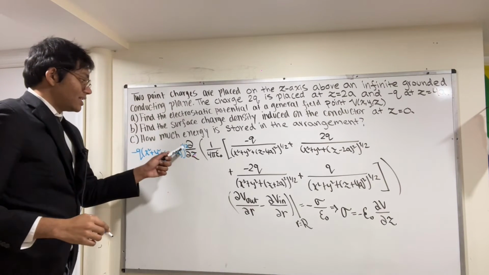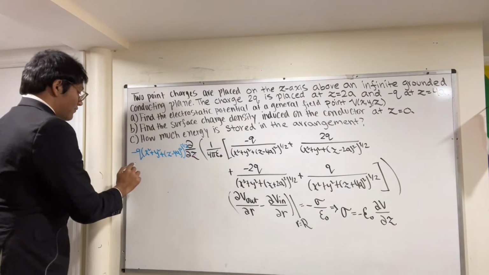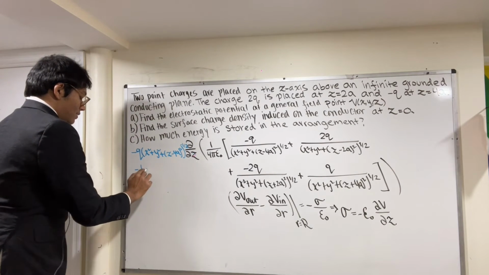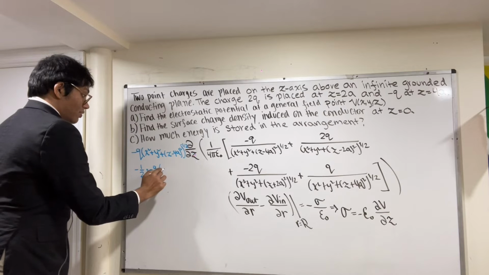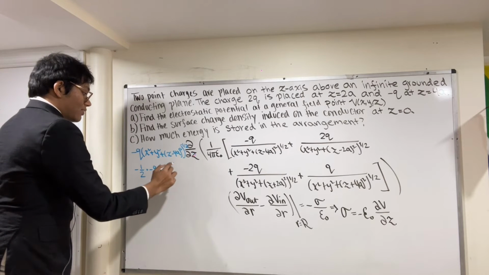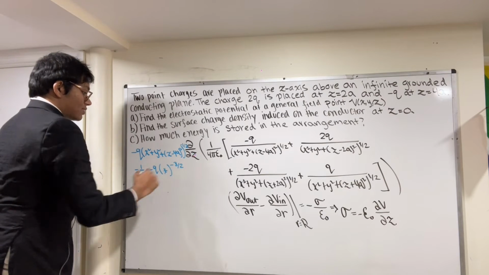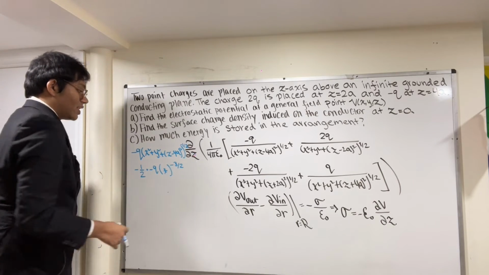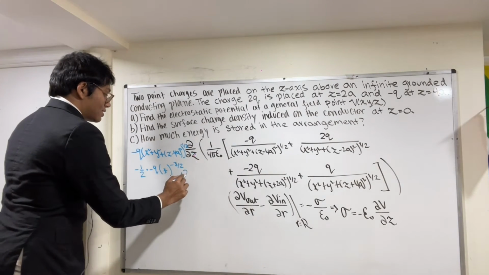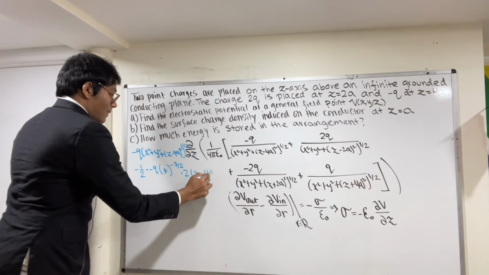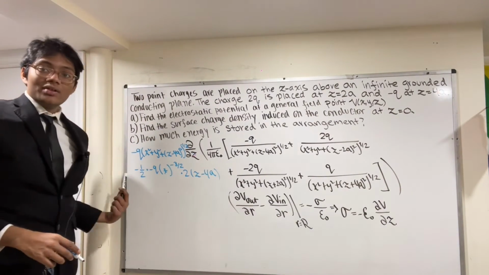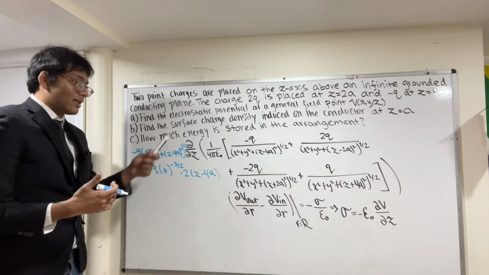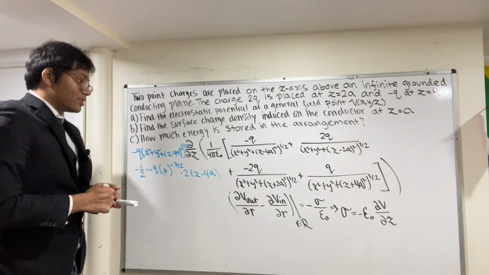If I take the derivative of this, the negative 1/2 is going to come out. I'm still going to have my minus q, all the stuff inside. Now take away 1 from the exponent, giving us minus 3/2, and then differentiate the inside with respect to z via the chain rule, which gives us 2 times z minus 4a. So we're just going to follow that same strategy, repeat it 4 times for each of the 4 terms, and add it up.